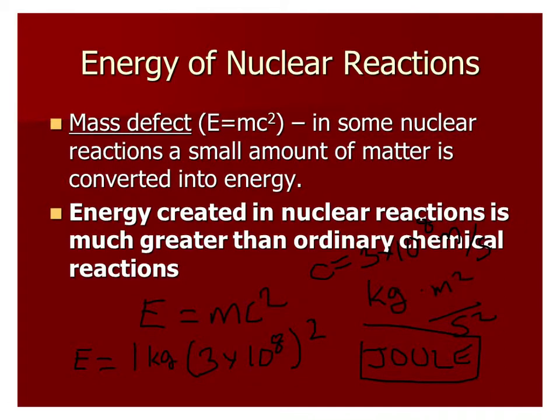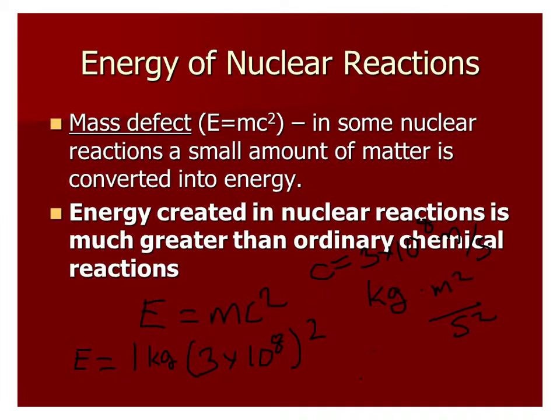Let me erase some of this other stuff so we get some room to write. You can already see that if I square 10 to the 8th, that gives me 10 to the 16th.